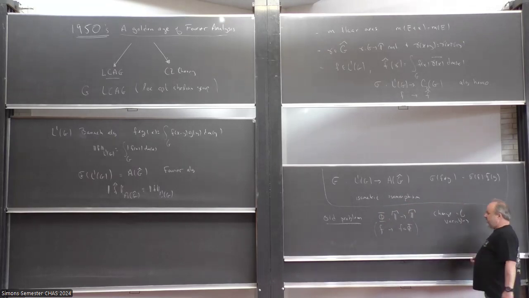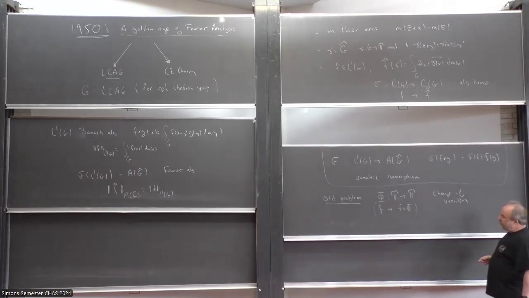And so one basic old problem was to understand those mappings of the circle that preserve the space of absolutely convergent Fourier series. Absolutely convergent Fourier series was something that people were really obsessed about in the 20s, 30s, and 40s.